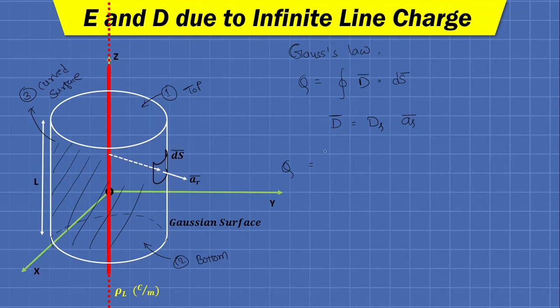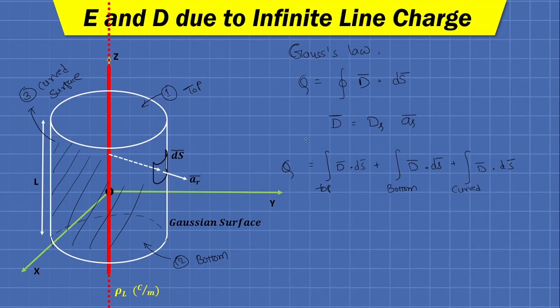So Q can now be written as the integration over the top surface of D bar dot dS bar, plus the integration over the bottom surface of D bar dot dS bar, plus the integration over the curved surface of D bar dot dS bar.